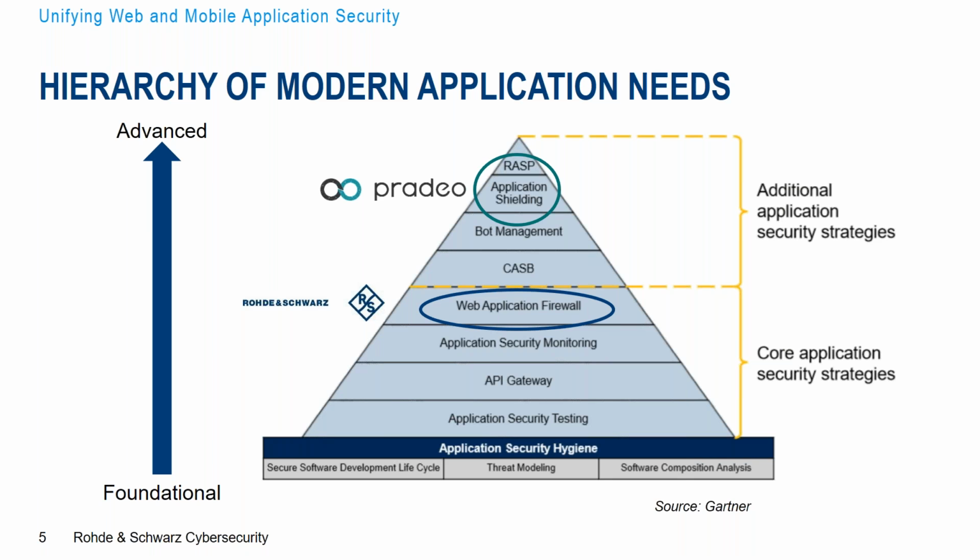Let's now look at the hierarchy of modern application needs. Gartner, a leading world analyst firm, has identified a hierarchy of modern application needs, actually starting with application security hygiene, and then building on that with core application security strategies and technologies, as you see in the lower blocks of the pyramid. And web application firewall is the last brick in the core security products category.